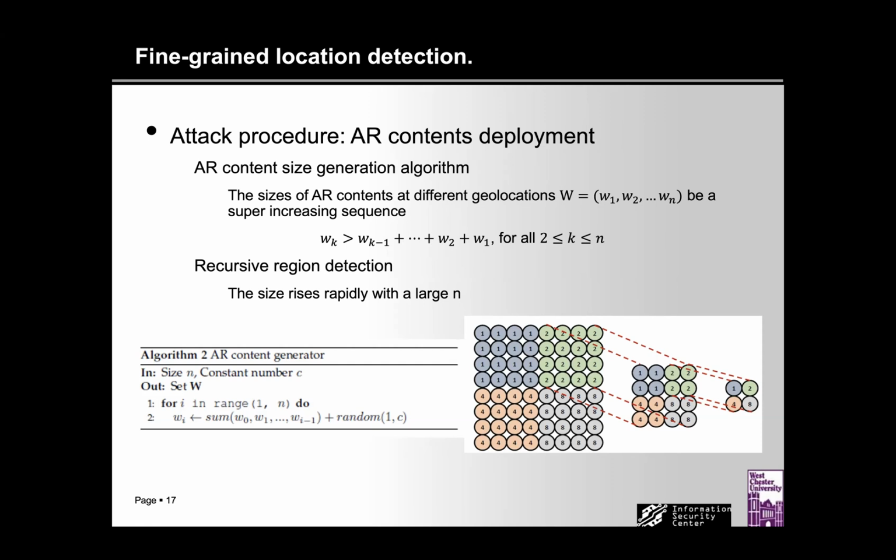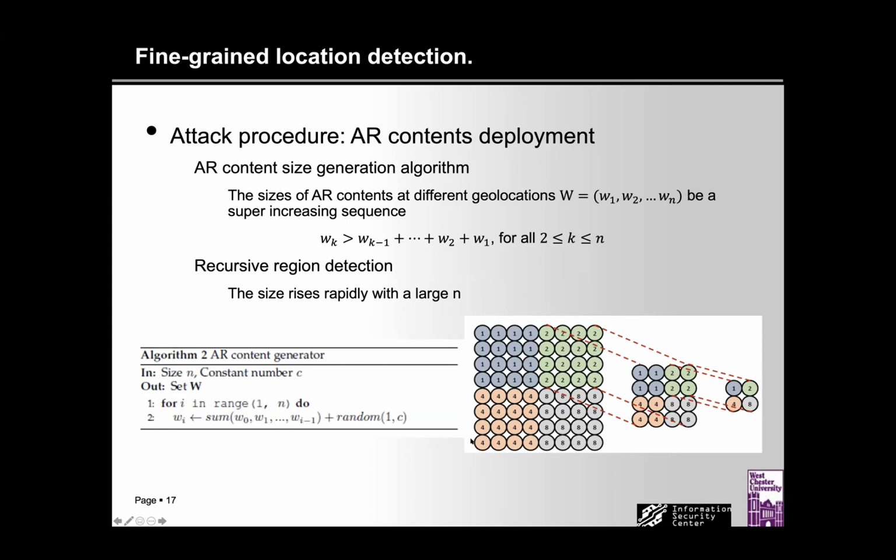We also find that a better way to attack in this fine-grained location is to apply so-called recursive region detection. If we simply place all this super increasing sequence, the size rises rapidly, which makes it impossible to cover a very large area. So we use the idea of divide and conquer.